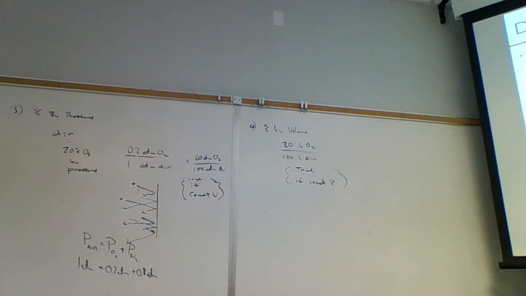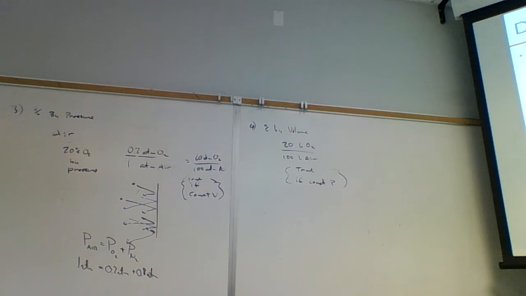Air, and I'm going to go with 100 liters of air. Should we do bar or atmosphere? What do you want to do? 1 bar or 1 atmosphere? 1 atmosphere. The mole fraction is always true. 80% of the molecules present here will be nitrogen.